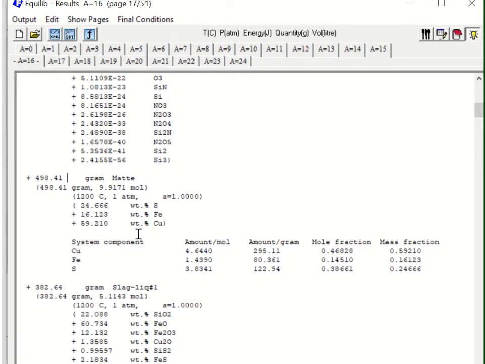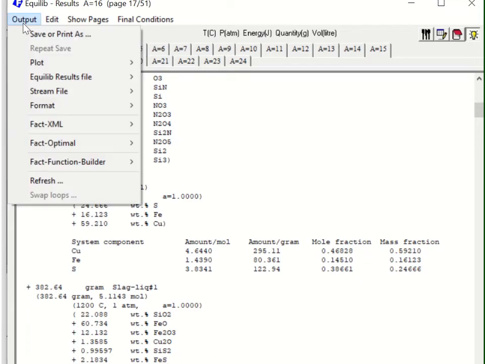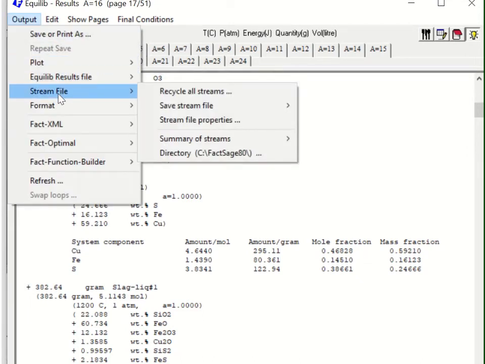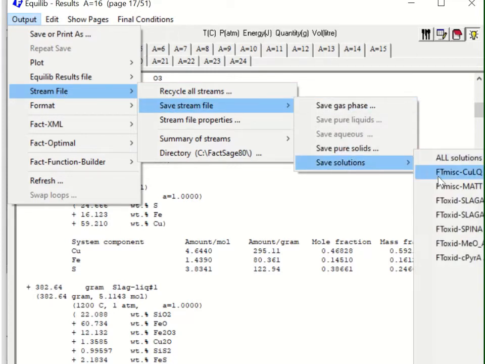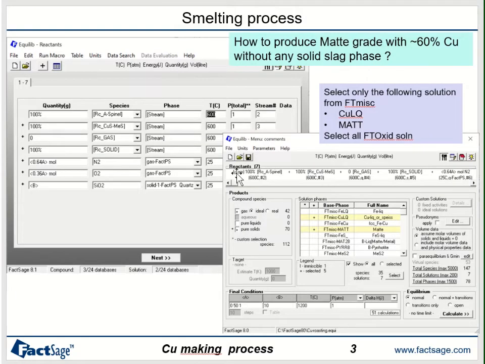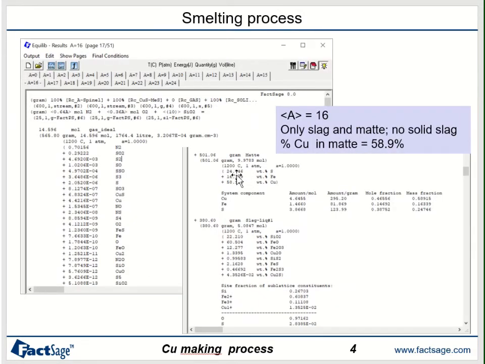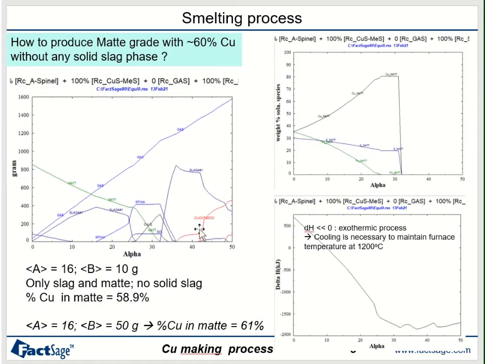So in this case, let's simply save this matte for the next calculation. So what you have to do, output, and then you can go save stream file, save solution, and then only matte like this. Okay, and then you can save the matte for the next calculation. Okay, so that's what I explained.